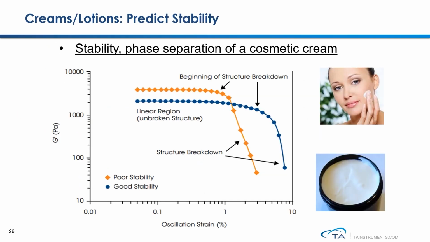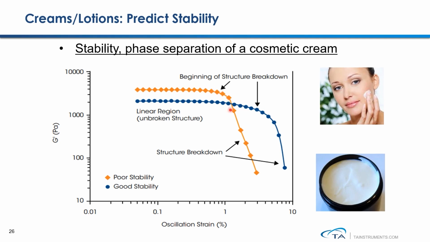Here is a case study of using a strain sweep experiment to compare the stability of two cosmetic cream samples. From these measurement results, you can see that the yellow formulation shows slightly higher modulus compared to the blue formulation. However, this strain sweep measurement shows the yellow formulation has a much shorter linear viscoelastic region.